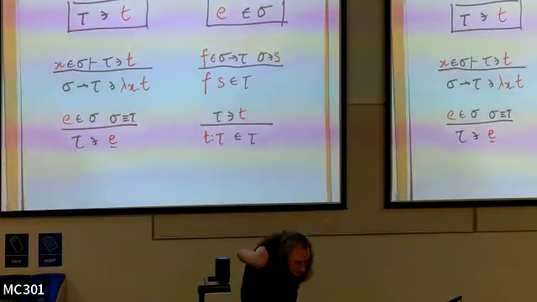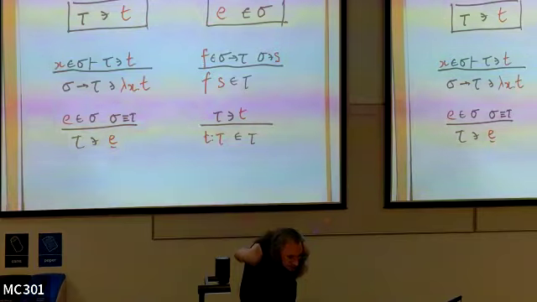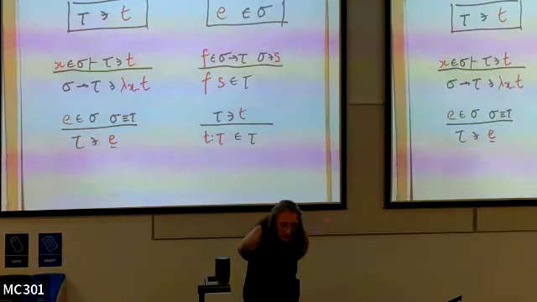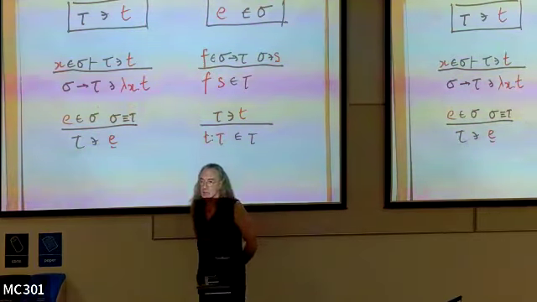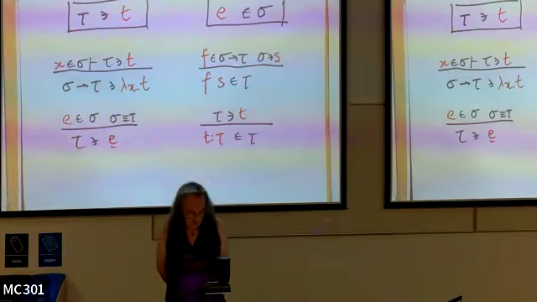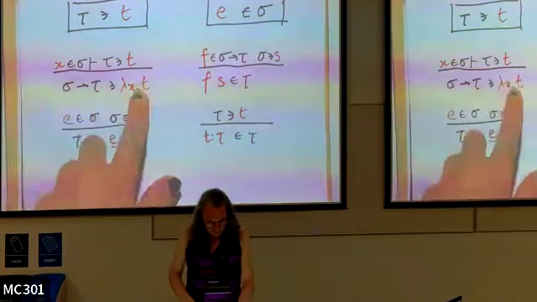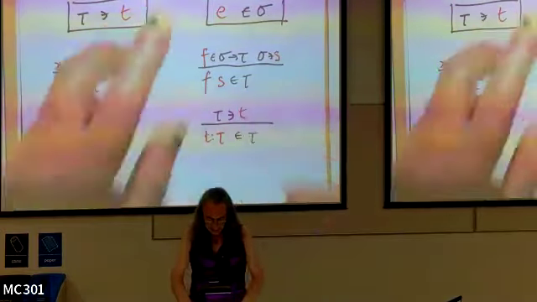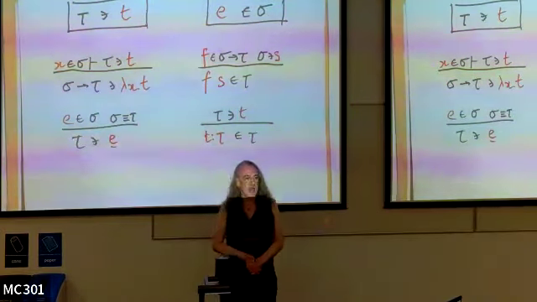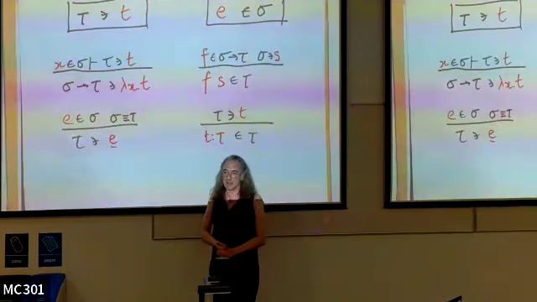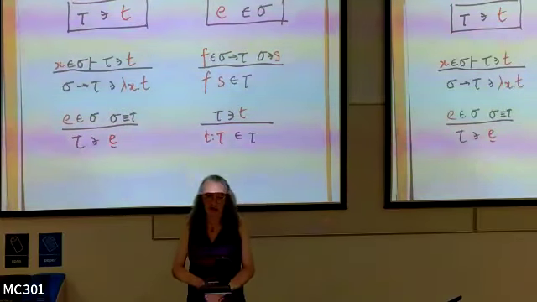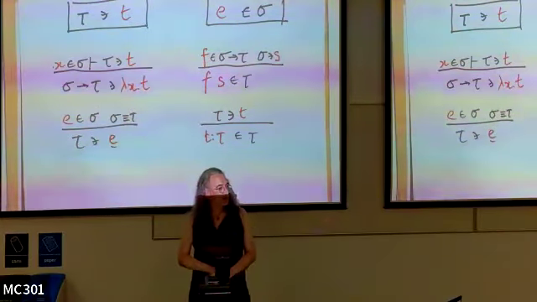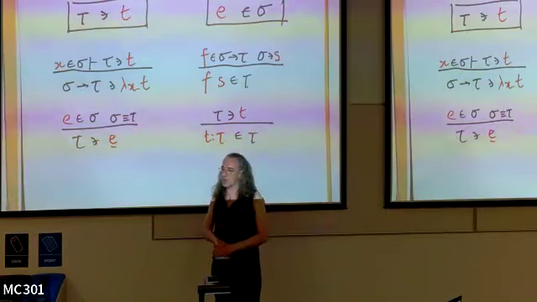What else do I need to say? Oh, some really important stuff, actually. These things, the sigma and the tau and the T and the S and the f, all of these things are referred to as schematic variables. They stand for actual stuff in actual type checking problems.